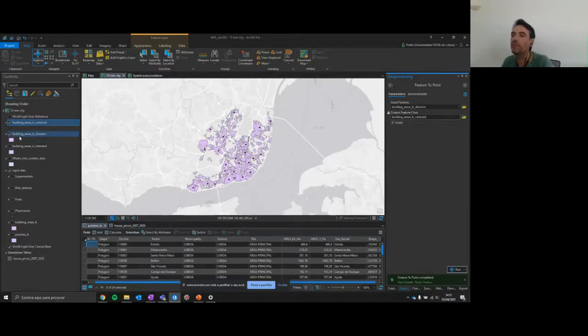Now I have the centroids of the buildings in each parish, and it is from this point that I want to make my 15-minute areas. I know from the literature that in a 15-minute walk, a citizen can walk about 1,200 meters. The literature reports this value. So I will create buffers of 1,200 meters from each one of these points.